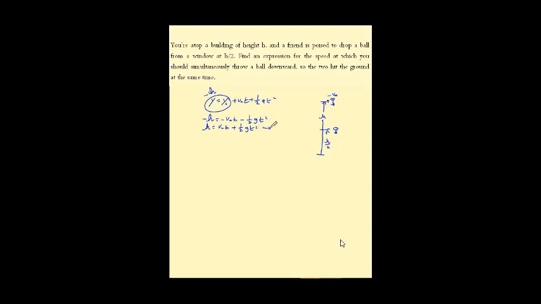This is for the first ball, for your ball, and for the second ball we can say minus h/2 is equal to minus 1/2 gt squared, because v0 for the second ball is 0, and the time for the two balls should be the same in order to hit the ground simultaneously. And from equation 2 we can conclude that t is equal to square root of h/g.